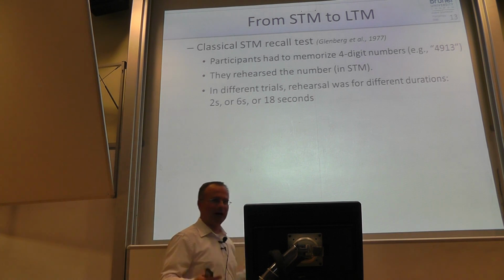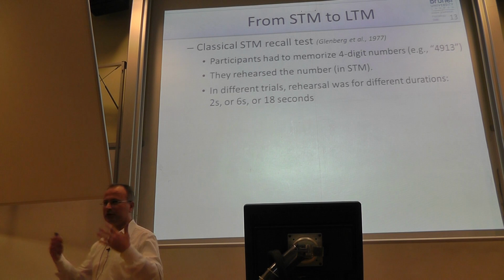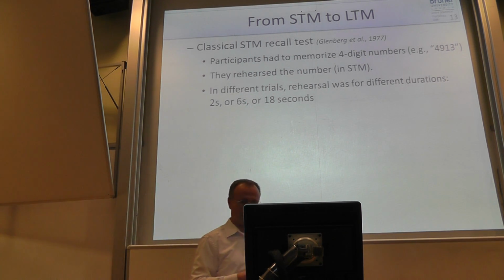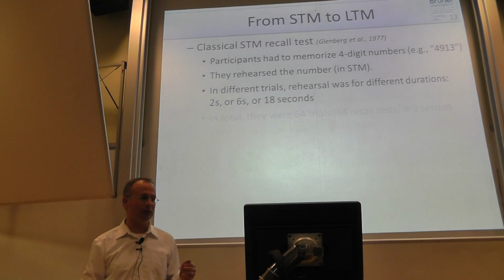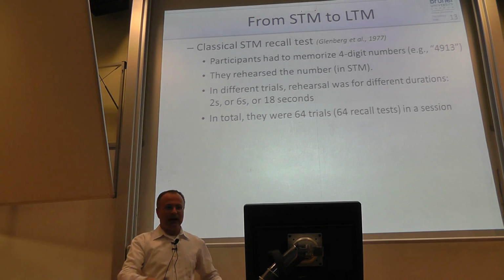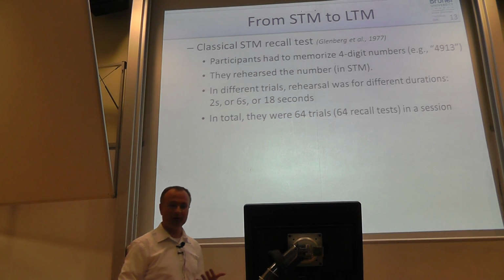And there were different trials. Sometimes they had to rehearse that in their mind for 2 seconds, for 6, 8 seconds. So different durations of rehearsal, and then they had to report the number back. In total, there were 64 trials, each among the 3 different durations.